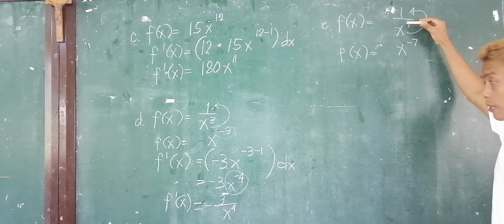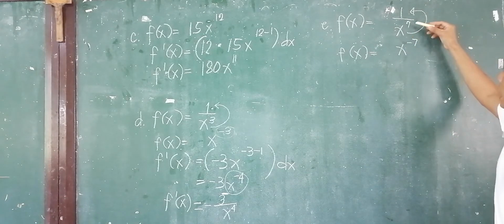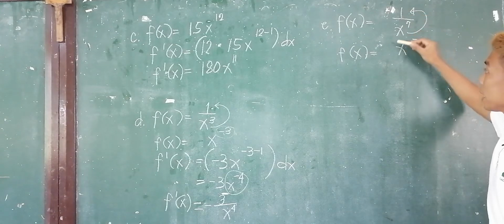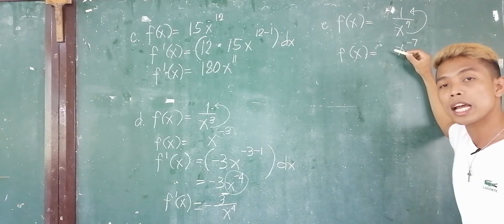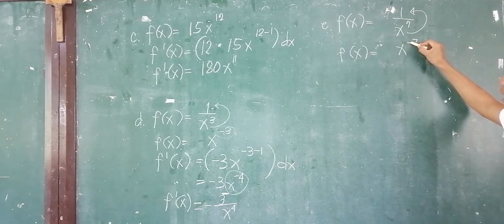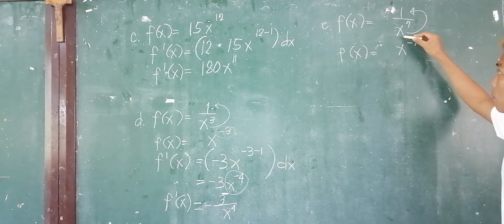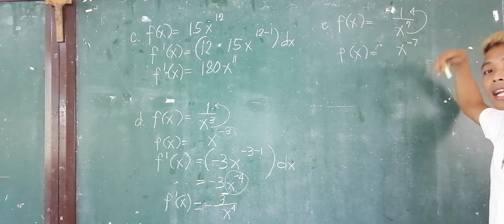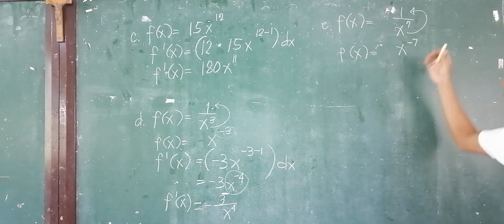Blank na yan. So, wala ka nang ilalagay. Itatabi mo lang si x raised to 7 kay 1. At dahil 1 lang naman siya, hindi mo na siya isusulat. Alright. So, x raised to negative 7. Bakit naging negative? Kasi mula sa denominator, inakyat mo sa numerator. Nagbabago ang kanyang sign.